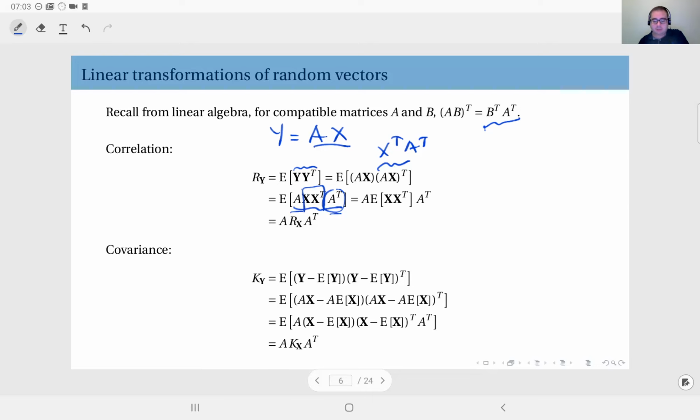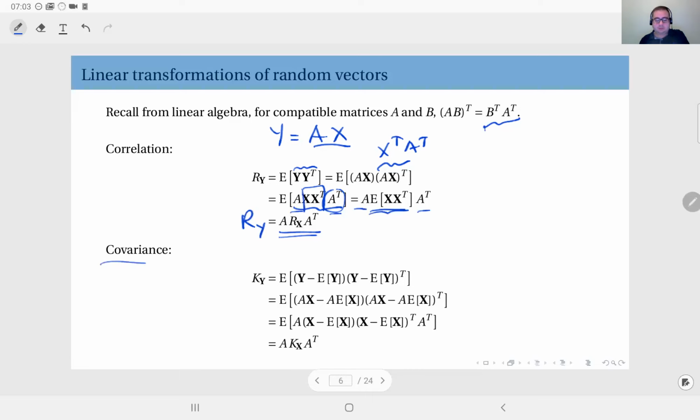Therefore, what I have is A times the expected value of x times x transpose, times the transpose of A. But this here is, by definition, the correlation matrix of random vector x. So this is what I get: the correlation matrix of y is equal to A times the correlation matrix of x times A transpose.